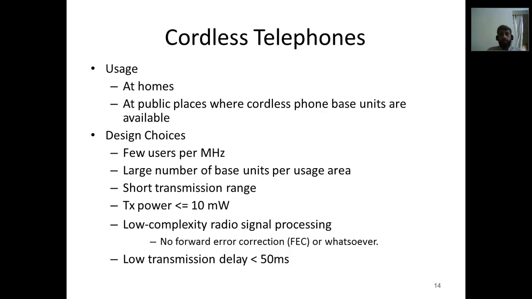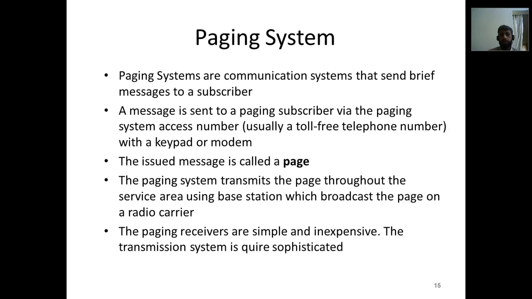The complexity is relatively low because of the simple network and dedicated hardware. Generally we do not need forward error correction in this system, and because of the low mobility and low transmission range, the transmission delay is also very small, of the order of 50 milliseconds.